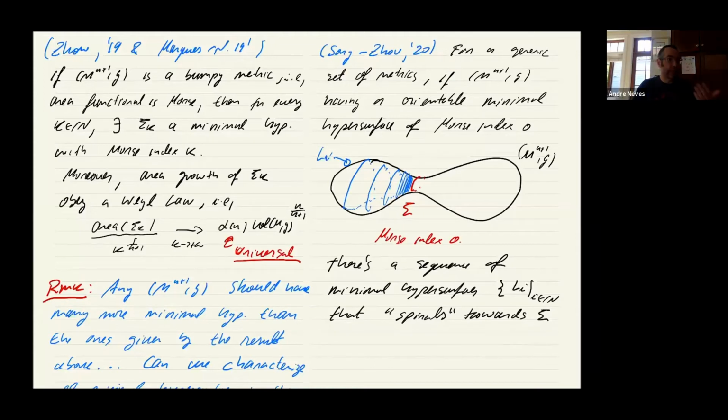It would be interesting to take a sequence of minimal surfaces whose index and area go to infinity. What can you say about their limit or their closure? Can we have any meaningful characterization of the limit set? Okay, so any questions?